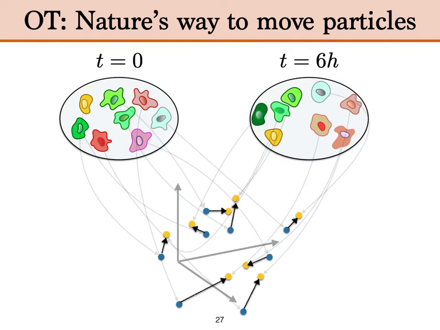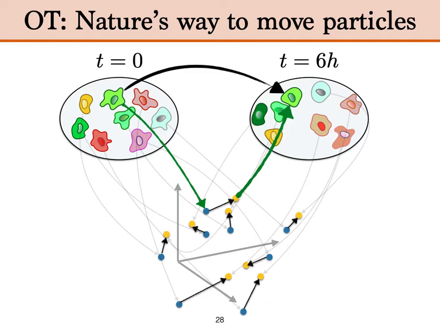So here, the optimal transport is really a working hypothesis. It's something that you believe explains in the best possible way what happened. And so this means that if this point was associated with this point, for instance, then the cell that was on the left, the green one, probably was turned into the other green one on the right. And here I think you should draw some parallels with the Monge problem.